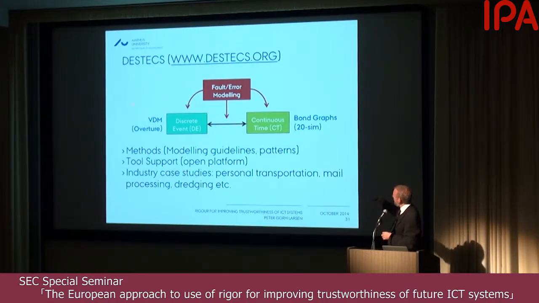The discrete side here is modeled using something called VDM real-time. That's a dialect of VDM that enables the modeling of distribution and real-time aspects. The tool being used here is an open source tool called Overture. The physics is described using something called bond graphs in a tool called Twentesim. Twentesim is a small spin-out of the Twente University.